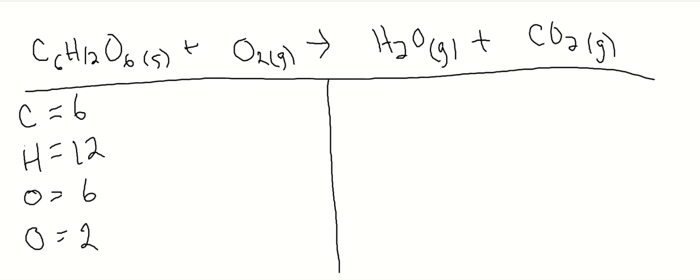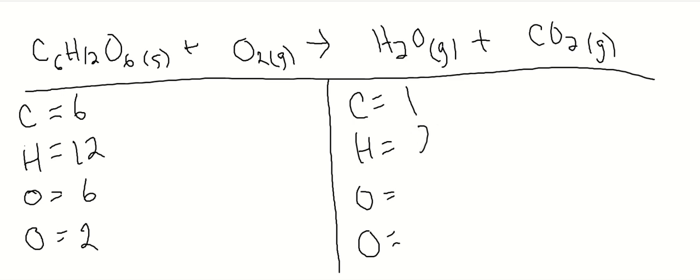It's 6, 12, 6, 2. I'm going to write in the same order on the product side, and it happens that oxygen appears twice, in two different locations there as well. 1 oxygen from the water and 2 from the carbon dioxide. Now, because oxygen appears in multiple places on both sides, I'm going to do that last.